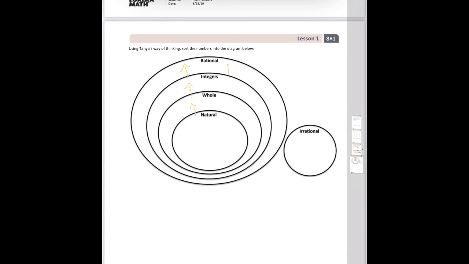So it goes that way, but it cannot go this way. So a -1/2 cannot go in natural numbers, but it can go in rational. So just make sure that if you put, for example, the number 4 here, that you are also including it in whole, integers, and rational, because again, it goes this way.